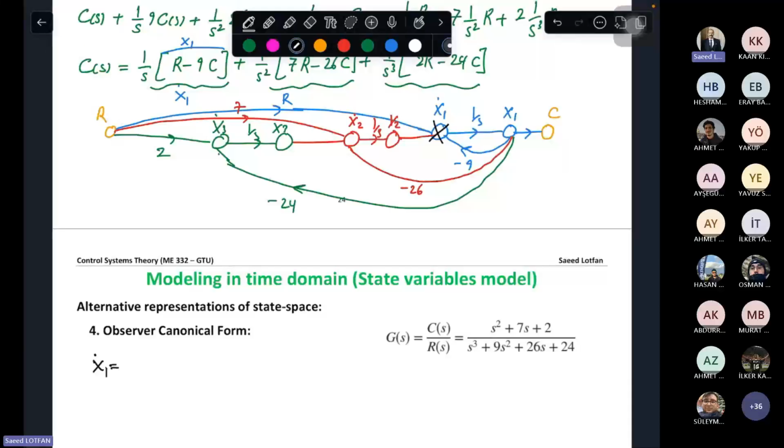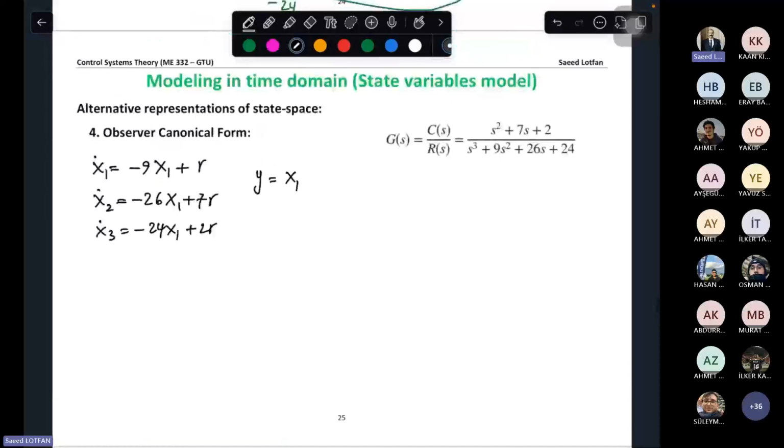I have minus 9x1 plus 1R. For this part, x dot 2 is minus 26x1 plus 7R, and x dot 3 is minus 24x1 plus 2R, and y is the output x1. So what do we get here?